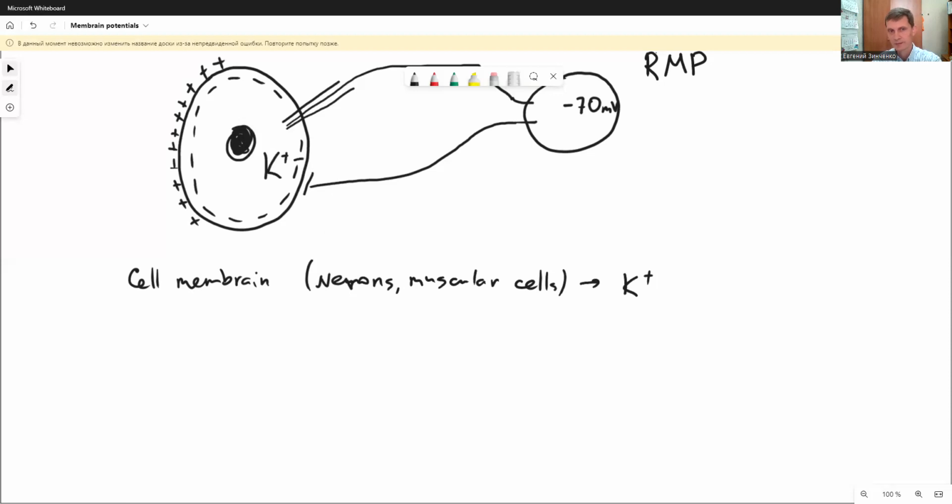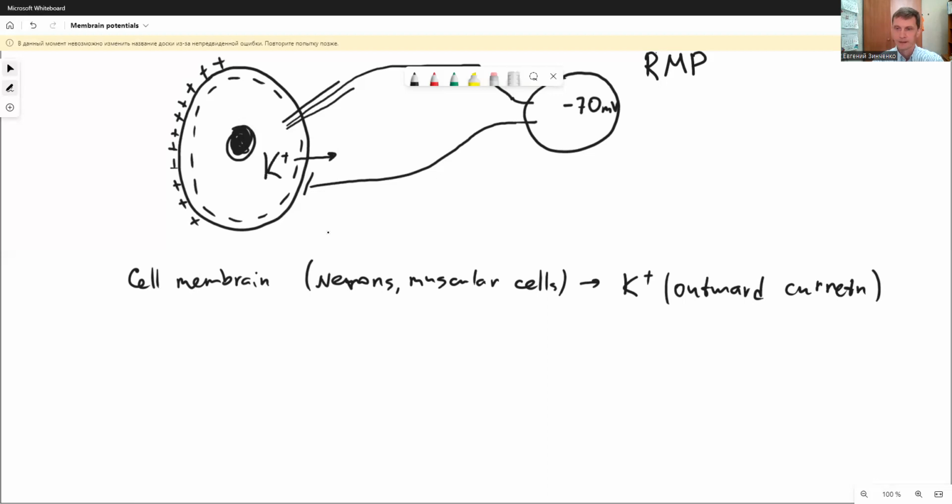That's why K+, using potassium ion channels without a gating mechanism, always diffuses outside the cell. It is the outward current of K+. In the resting period, the membrane is permeable mainly through these ion channels.